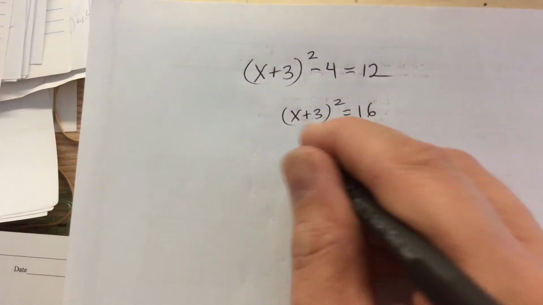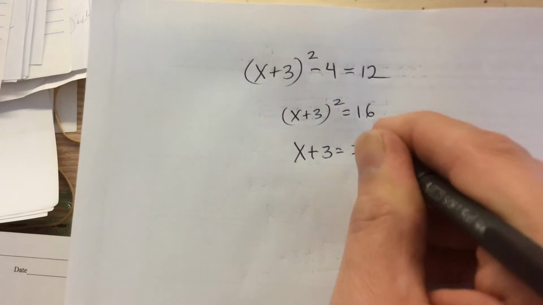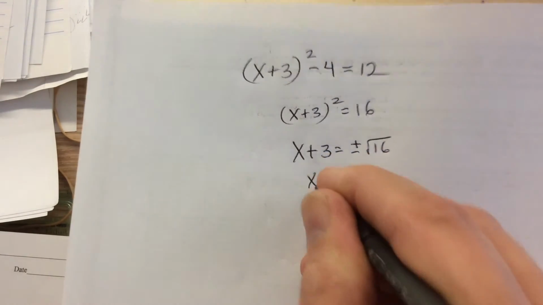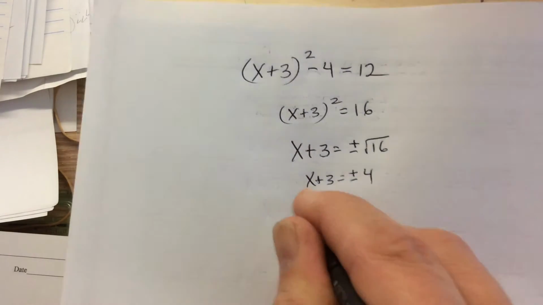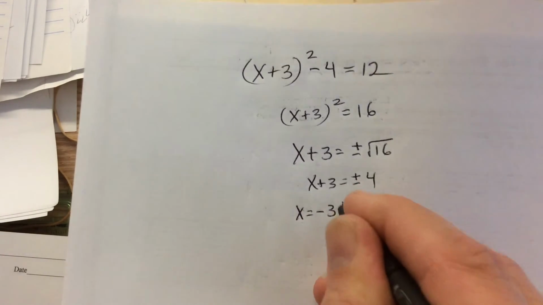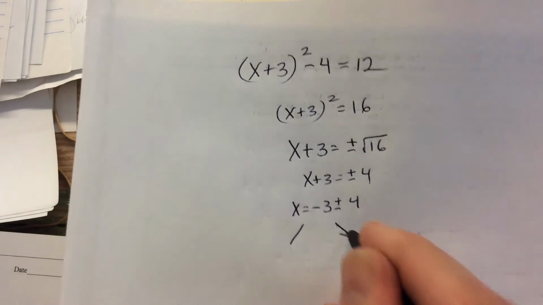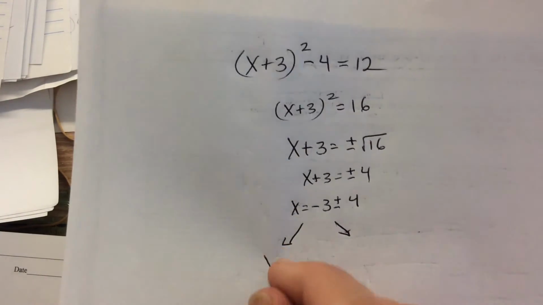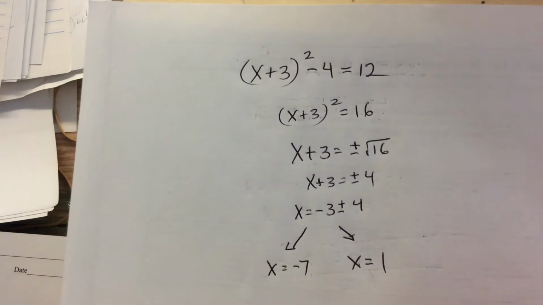Take the square root of both sides. x plus 3 is equal to plus or minus the square root of 16. x plus 3 equals plus or minus 4. x is equal to negative 3 plus or minus 4. And that comes up with two different solutions. x is equal to minus 7, or x is equal to 1.